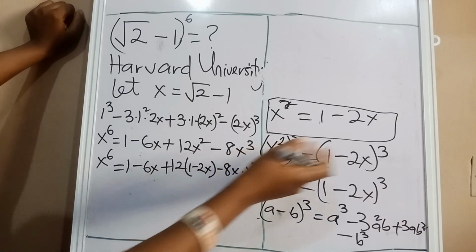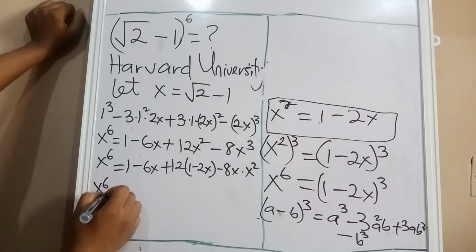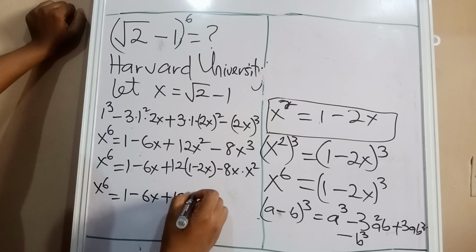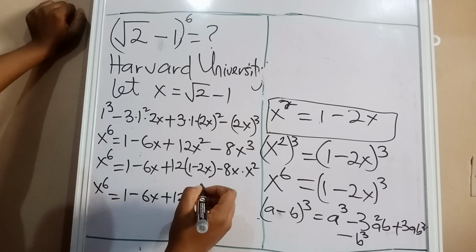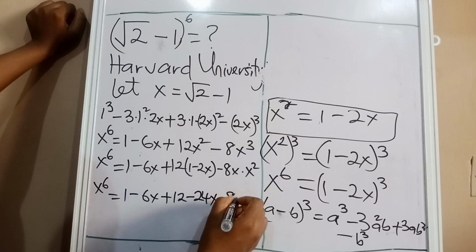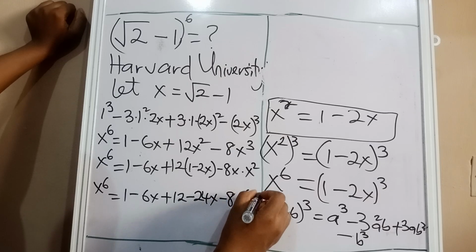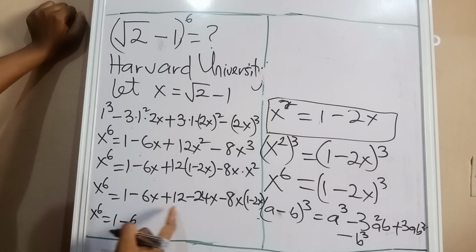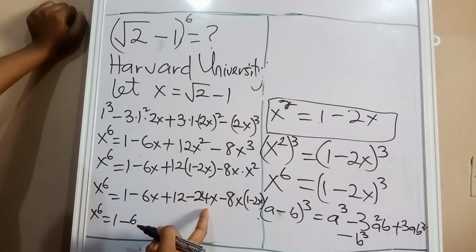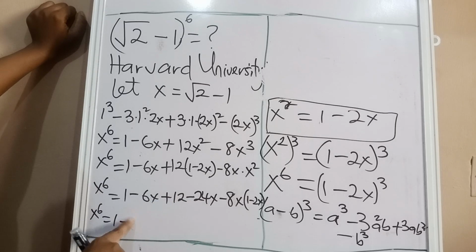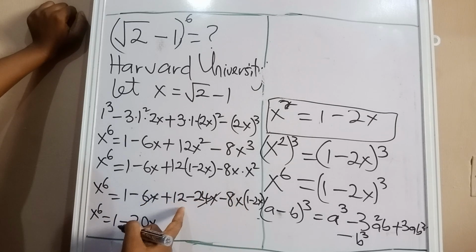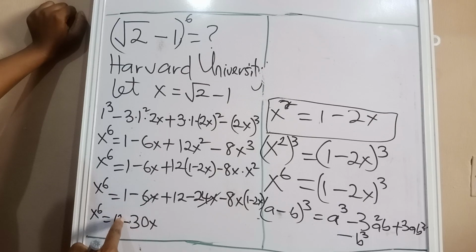We have to split this so that we can also substitute the value there. It equals 1 minus 6x plus 12 minus 24x, minus 8x times (1 minus 2x). Alright, so let's expand further. This gives us minus 30x, so we're done with this. We have 12 and 1 to give us 13.